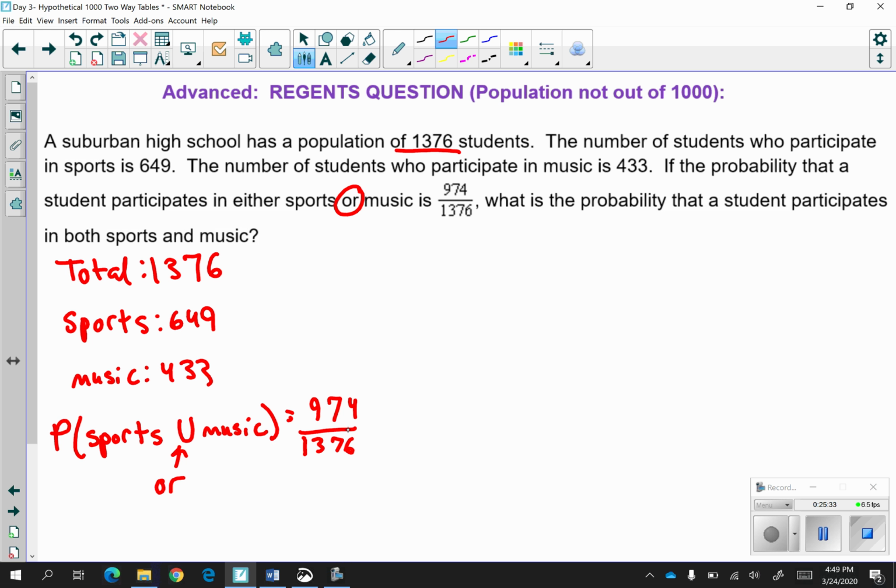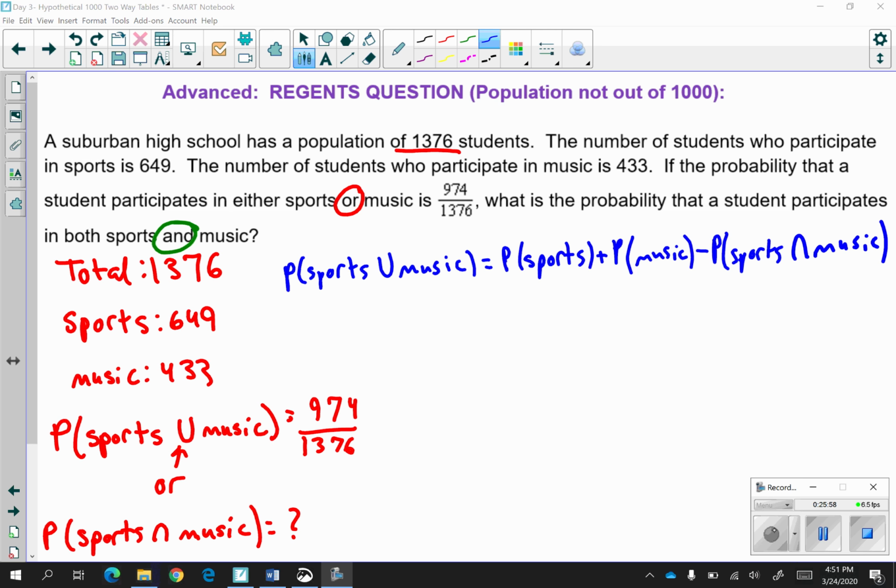They want to know the probability that a student participates in sports and music. So we're looking for the probability of sports and music. Now, the key thing that actually helps you out here is the fact that they gave you or probability, because we know the formula associated with that.